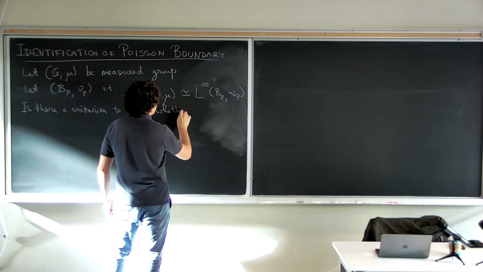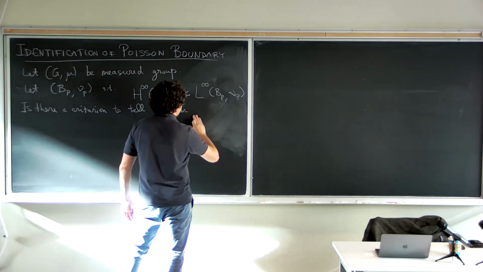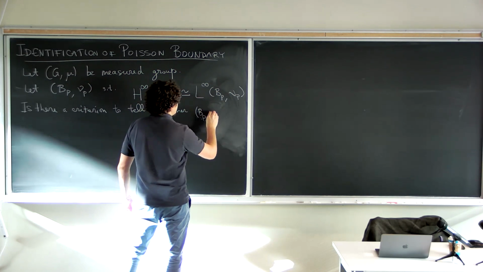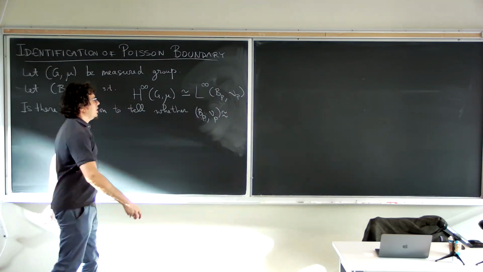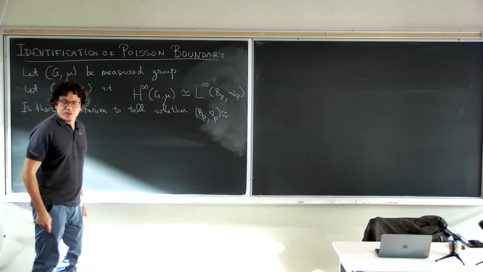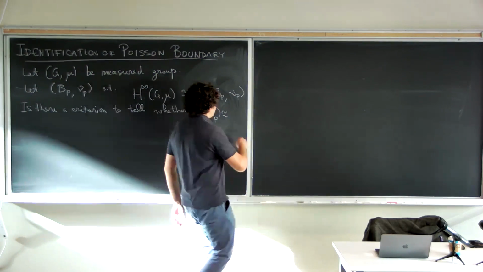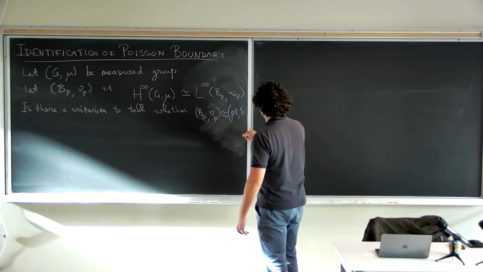So for instance, whether this (B_P, nu_P) is isomorphic as a measured G-space, so a measurable space with this measure, to just a point with the delta measure.